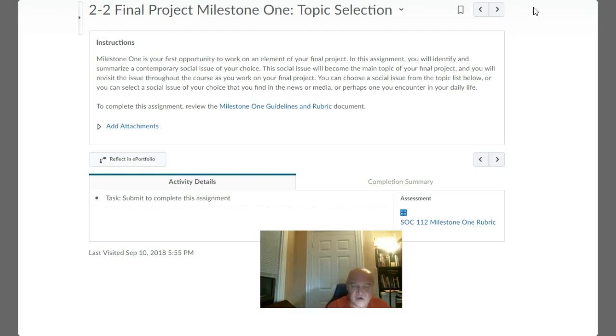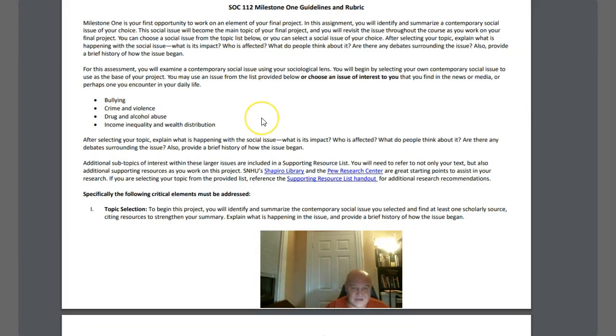C. Wright Mills, whom we discussed in Module 1, was a social theorist in the mid-20th century who is still relevant today. He defined a social issue basically in terms of a social problem. So let's look at milestone 1. You can choose from the list below: bullying, crime and violence, drug and alcohol abuse, or income inequality and wealth distribution, or you can choose your own topic of interest to you.